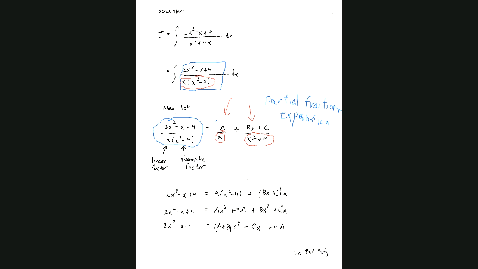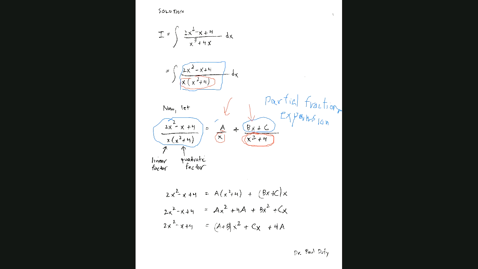And then in the second fraction, above the x squared plus 4 in the denominator, I'm going to put a linear factor, Bx plus C. I have to figure out what B and C are, but Bx plus C is linear.